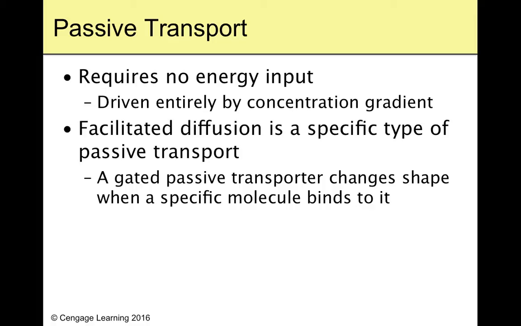So you might have a channel for water, and if glucose bumps into this channel, glucose can't get into the cell. But if water bumps into that channel, it'll shoot water straight through. It doesn't take any energy to do this. It's just a door letting water, which wants to come in anyway, get into the cell. That's facilitated diffusion. Passive, it diffuses in. Facilitated, it just needs a little bit of help from a door to get that job done.